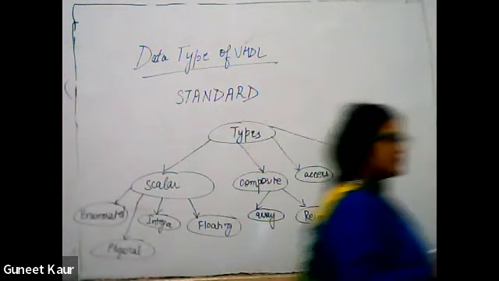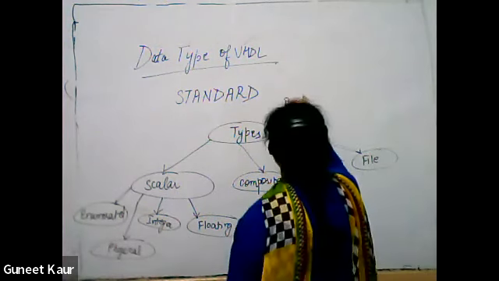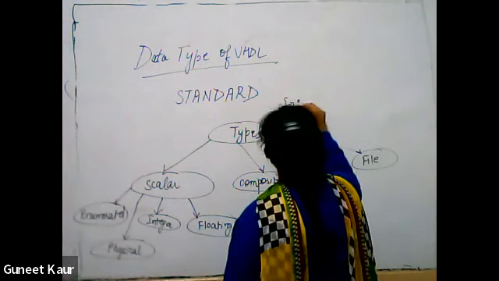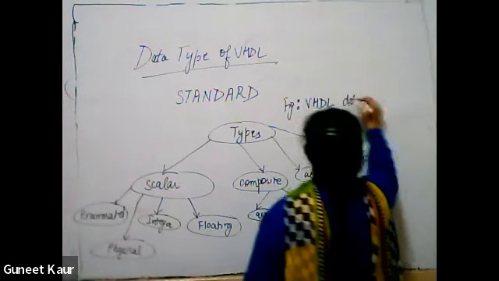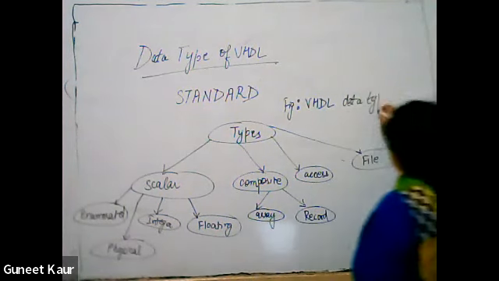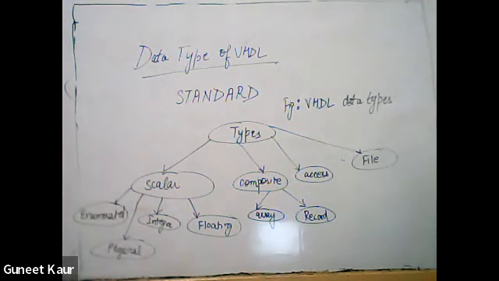So this is the diagram for the VHDL data types. This figure shows the VHDL data type. Now I will discuss with you one by one these types.